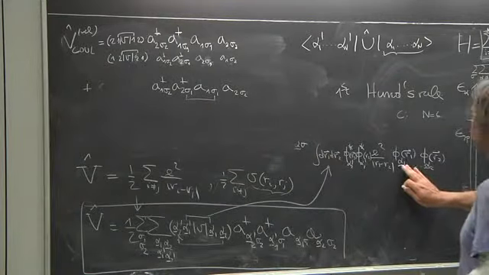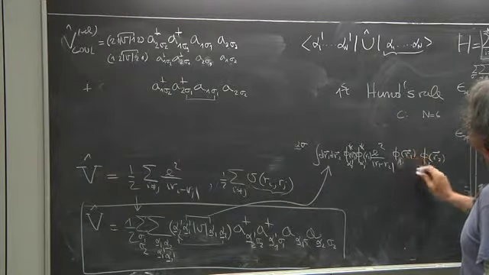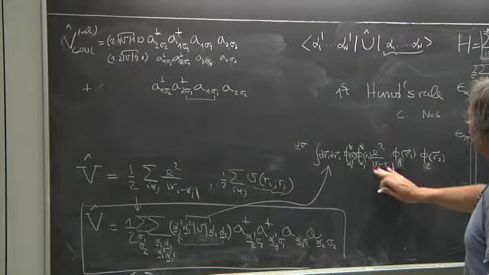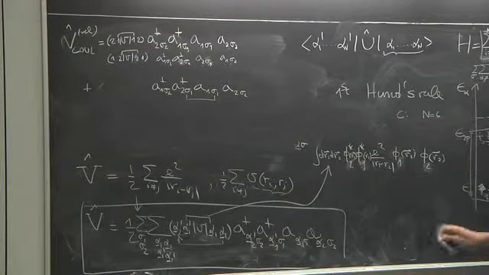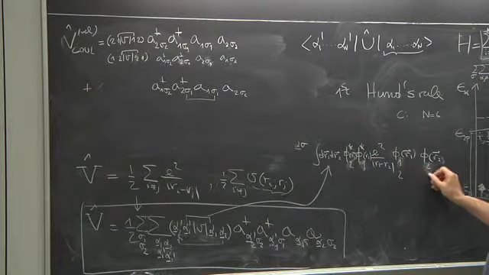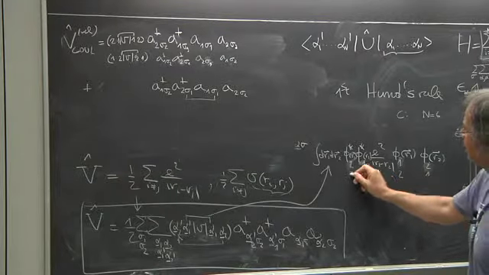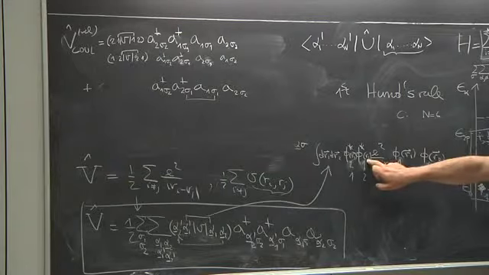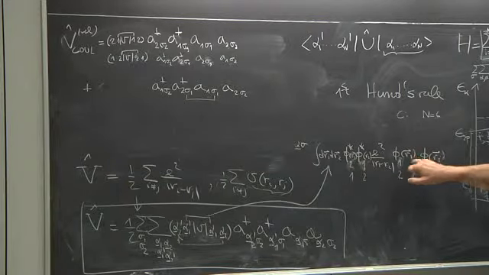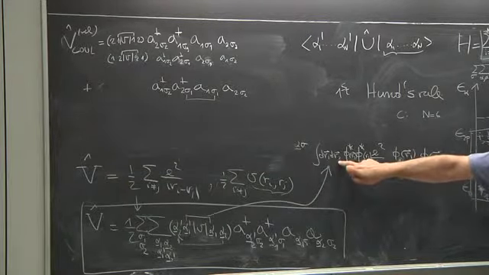So the first would be, here I have 1, and here I have 2, and here I have 1, and here I have 2. And the other is, I have 2 here, 1 here, 2 here, and 1 here. Doesn't make any difference because you just change the label R1 with R2. They're just integration variables.